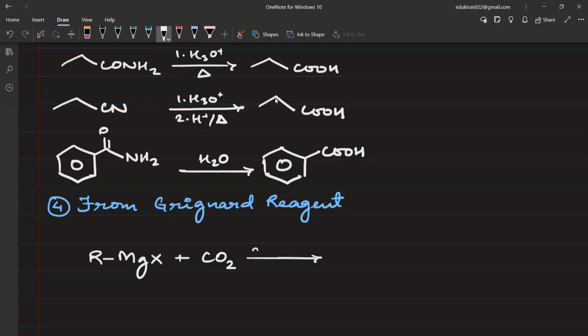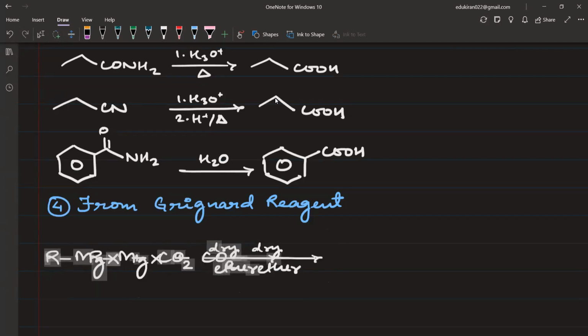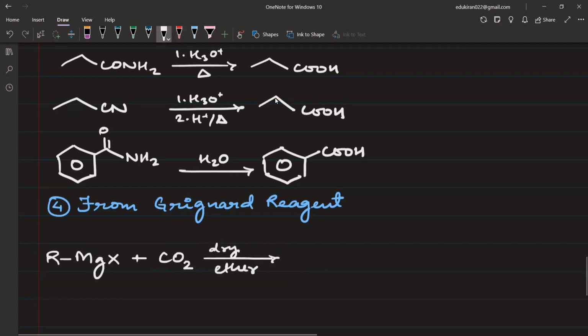This will be in the presence of dry ether because we have Grignard reagent. So there should be dry ether, there should be no water. Now, once you add carbon dioxide, the carbon dioxide is going to be attacked by R. Carbon dioxide का structure क्या था? Oxygen, carbon, double bond oxygen. So this R, delta negative on the R, it is going to attack on the carbon atom like this.